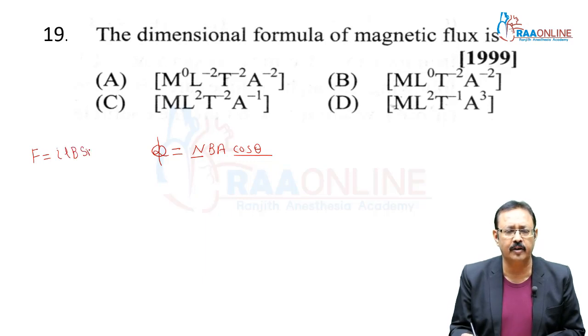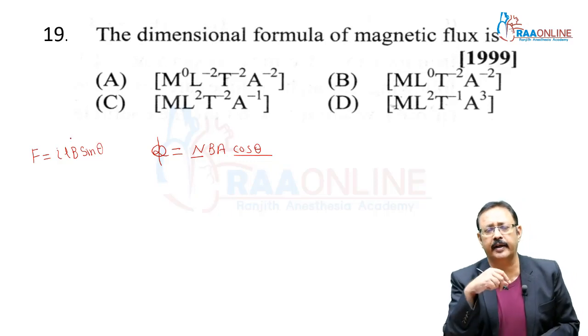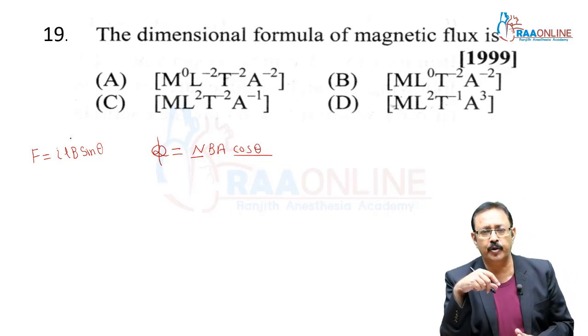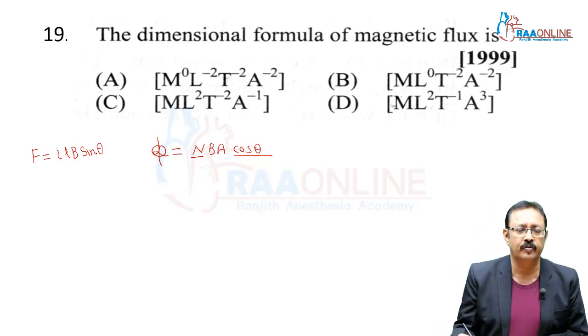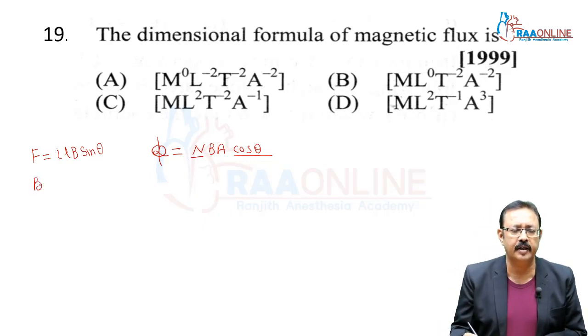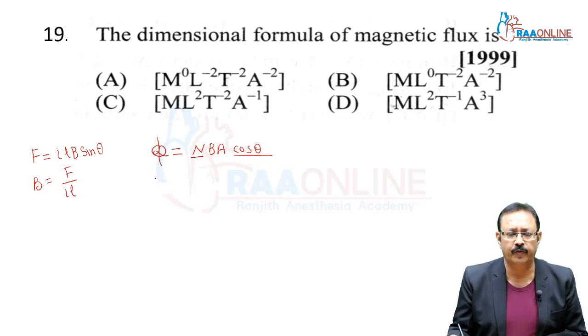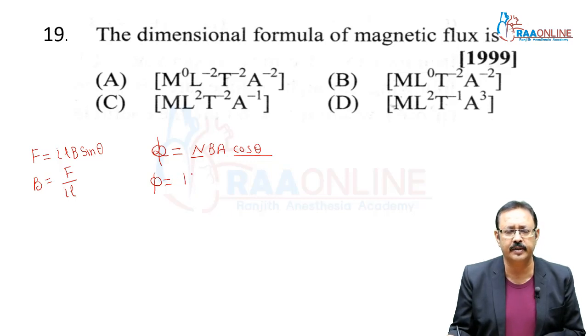When a conductor of length L is placed in a magnetic field at an angle theta and you are passing I current through it, it will experience a force F, ILB sin theta. So what is B? Dimensionally B is force upon current into length. So for flux, N means no dimension, B means force upon current into length, and area is length square. Cancel one length.